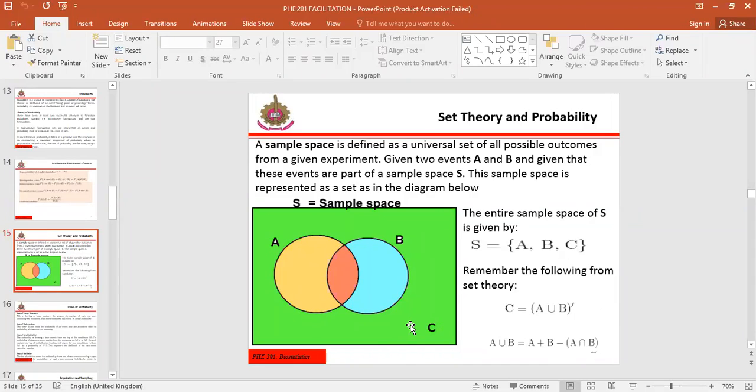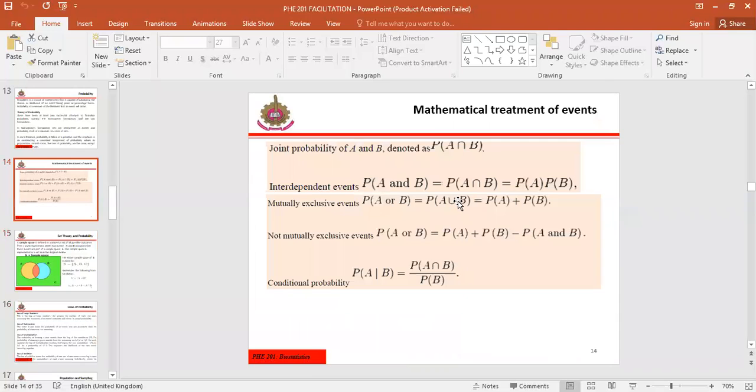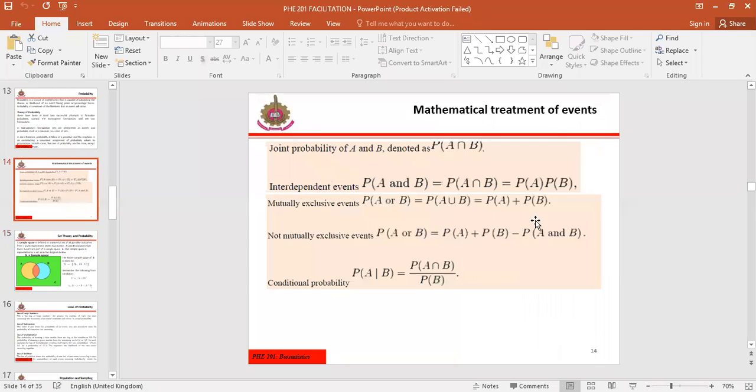So when you go back here, A union B is probability of A plus probability of B. We are trying to expand this A union B in this next expression. So A plus B, like what you have there. You see A plus B, that which is the third one. A plus B means A union B. So that's what we have here.